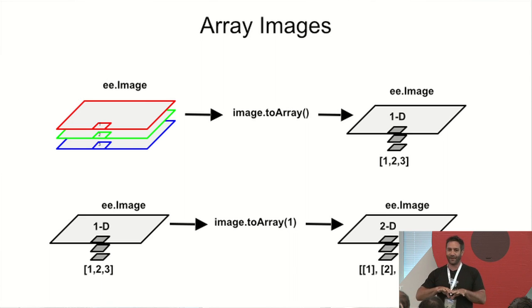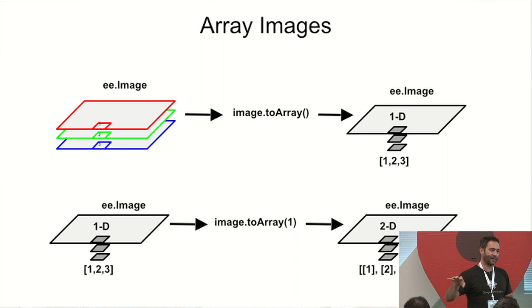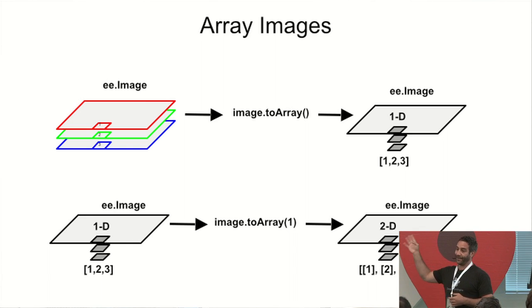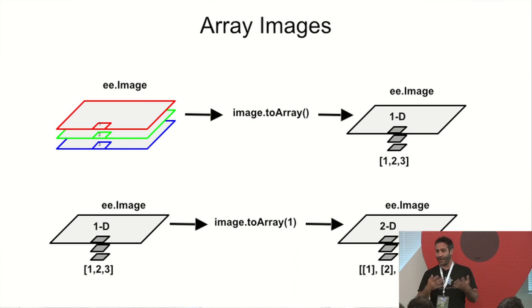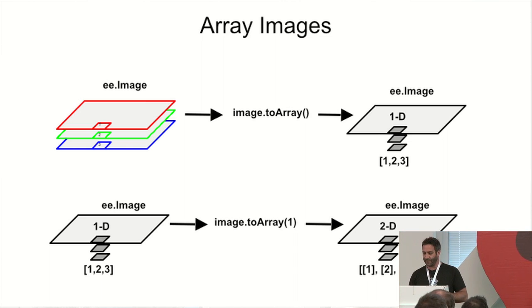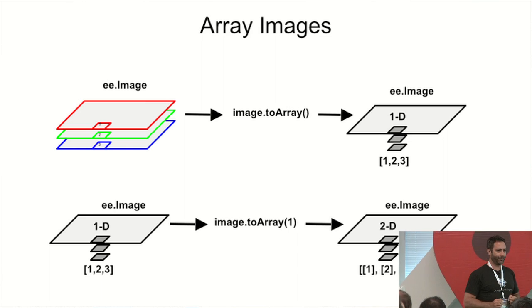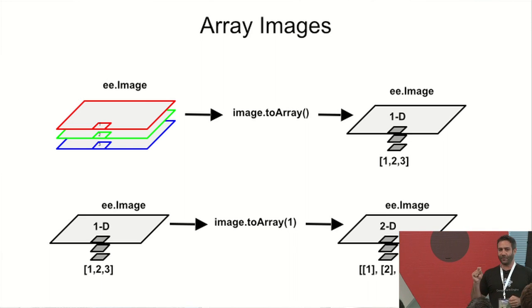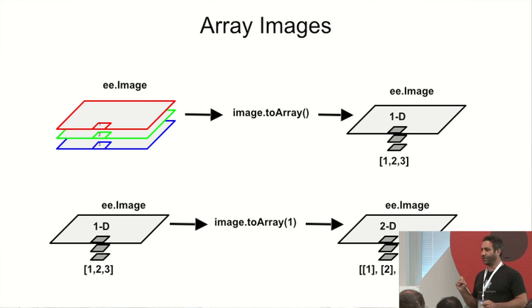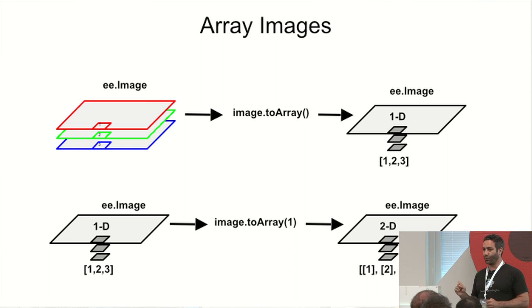If you're doing something like NDVI or a spectral index that doesn't use all the bands, you can not use the rest of them. This is one of the optimizations that I was talking about. As soon as you call toArray on that, so you're saying image.toArray, that turns the multi-band image into an image in which each pixel stores a one-dimensional vector.